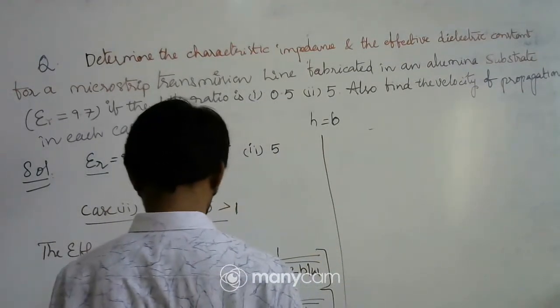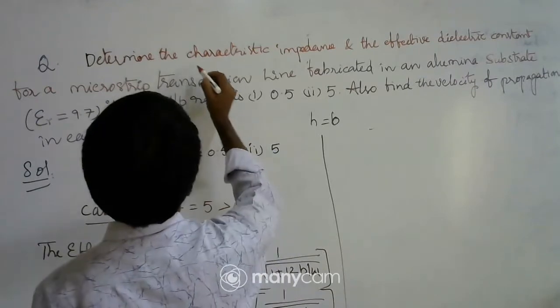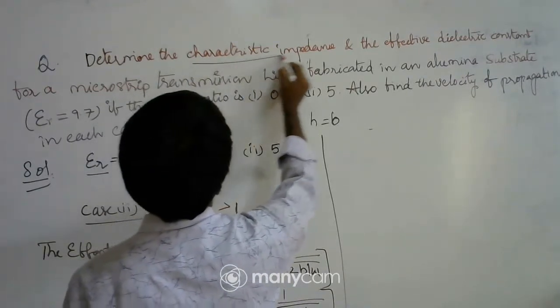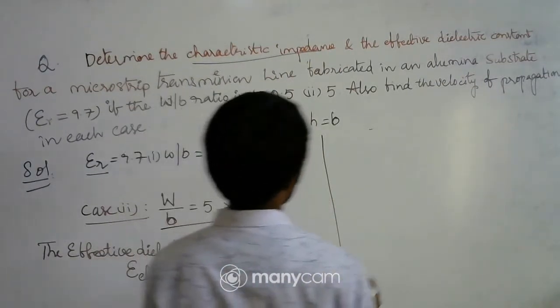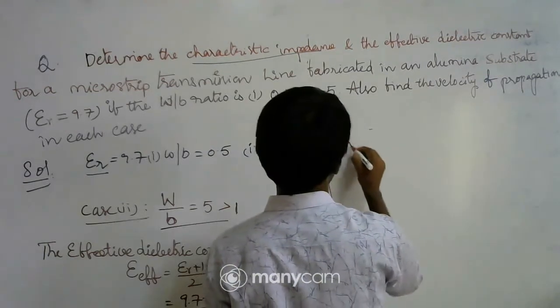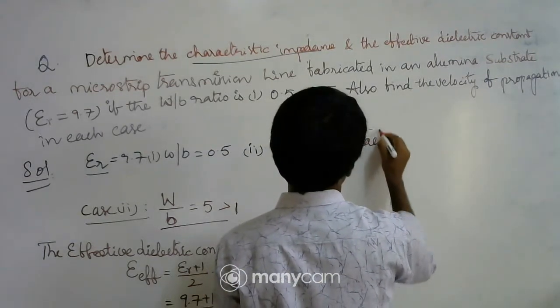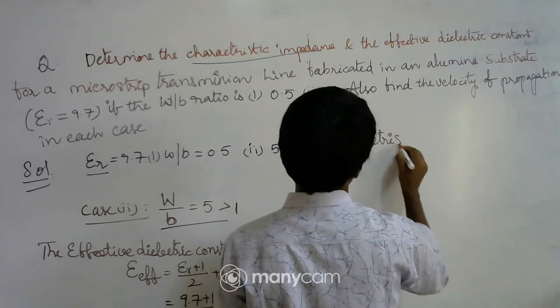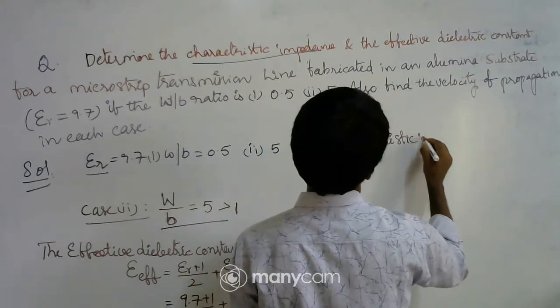Next one. What is the next parameter? We have to find out the characteristic impedance.